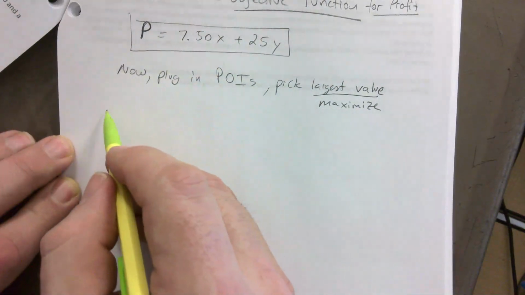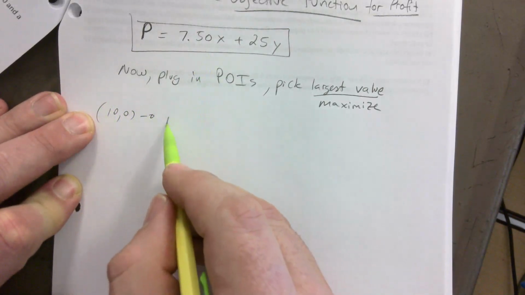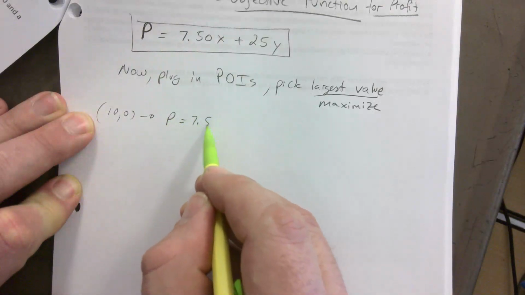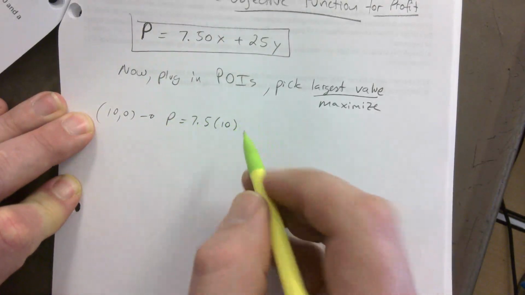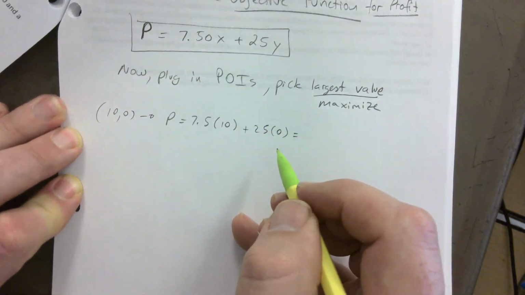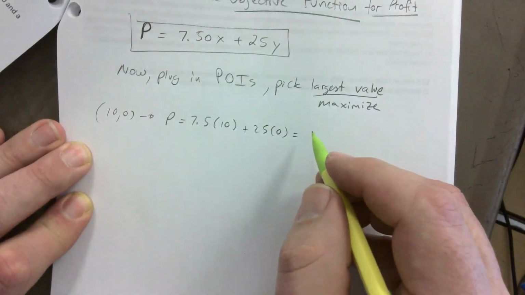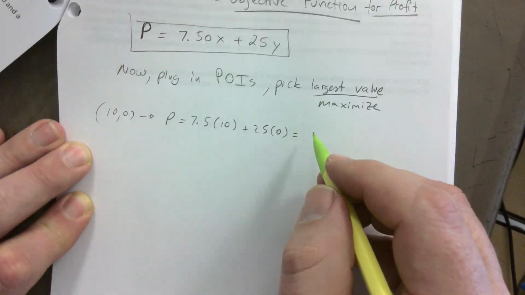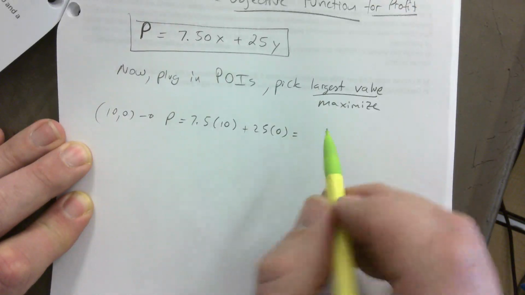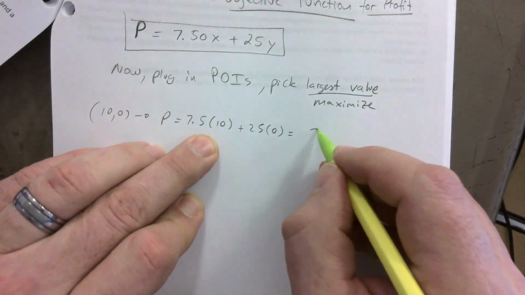So we're going to do that. 10, 0. Plug that into this. So it's 7.50 times 10 plus 25 times 0. That's $75.